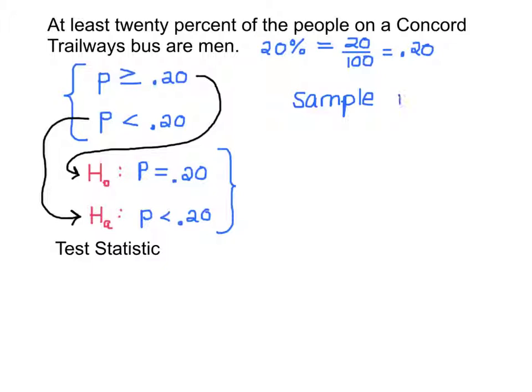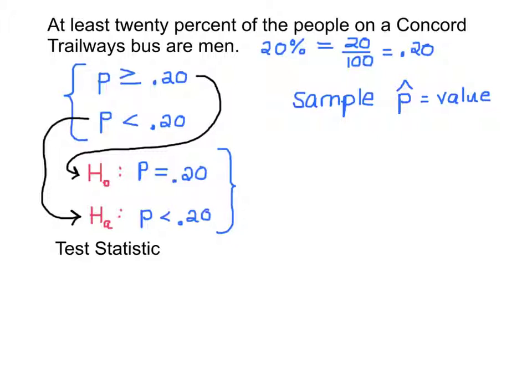But we're going to end up in our sample with a p hat, which is the proportion of men on a sample of Trailways buses. That's going to have some value that we find from our sample, and we're going to use that value to estimate the population proportion to find out if in fact our hypothesis is true, either the null or the alternative.